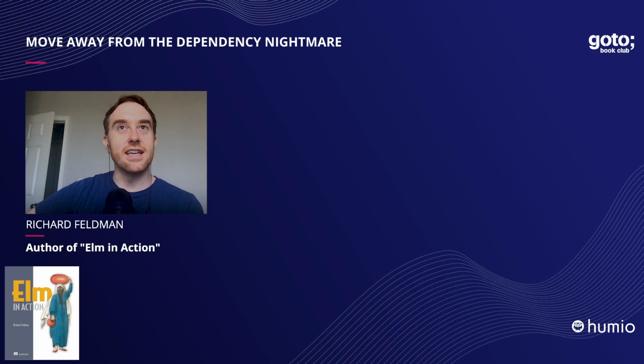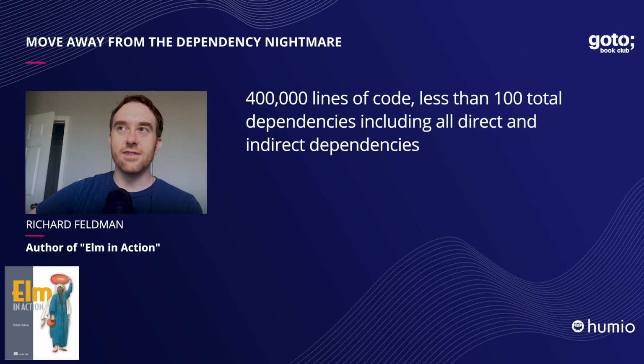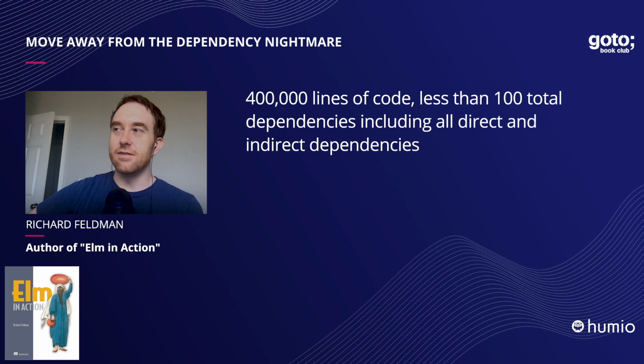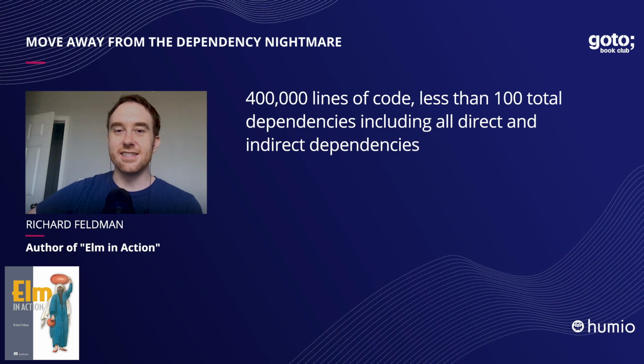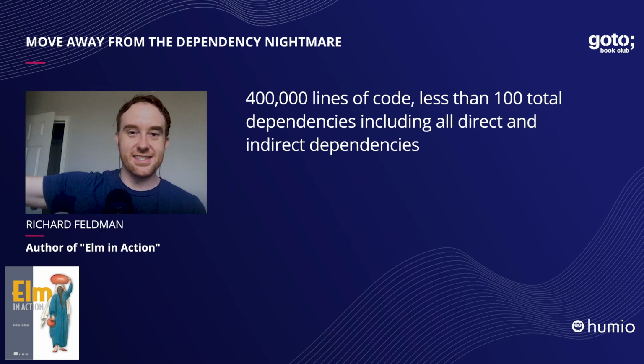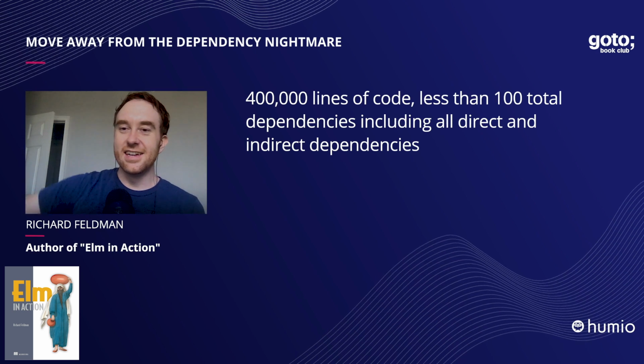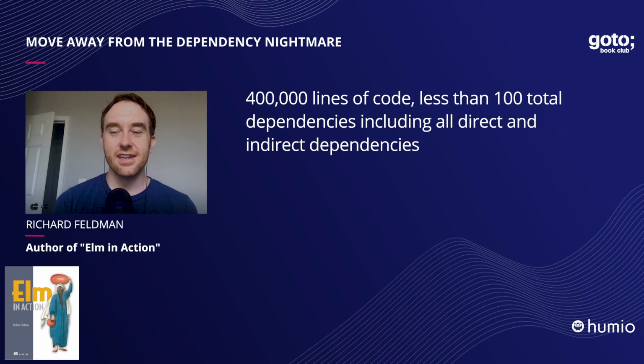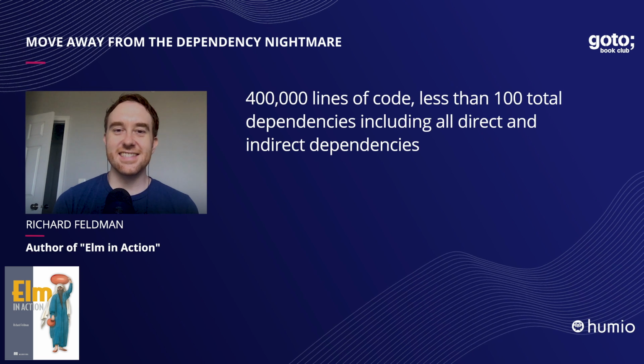I don't know if we've quite crossed it yet, but we're very close to 400,000 lines of Elm code at work. And we still have under 100 total dependencies, direct dependencies as well as their dependencies. If you add up all the dependencies we download on a clean build, it's less than 100. I think that's normal for Elm.